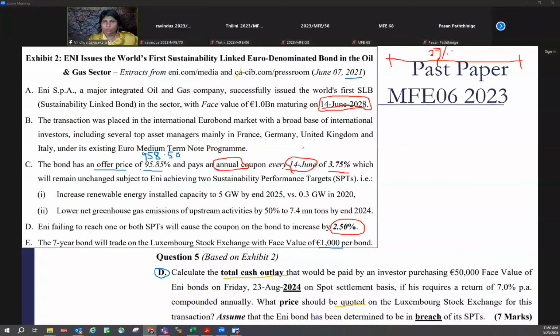Last coupon was paid on 14th June 2024. And next coupon will be paid on 14th June 2025. Right. So how much is D1, D2, and D3?